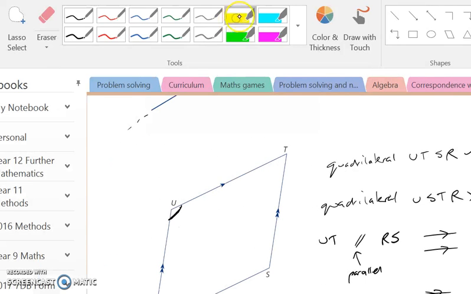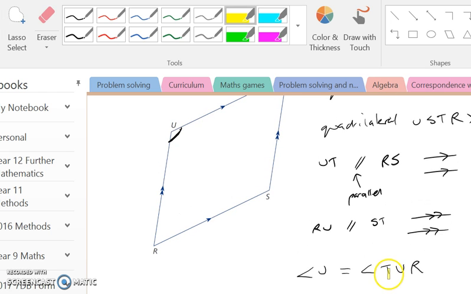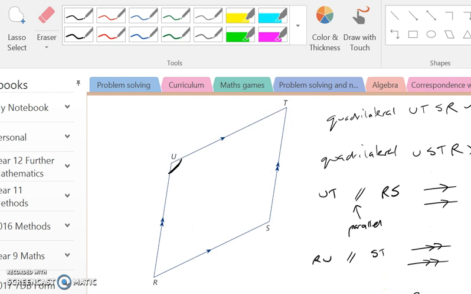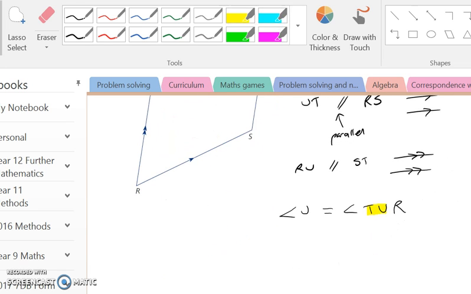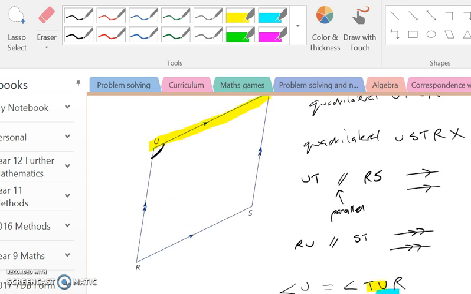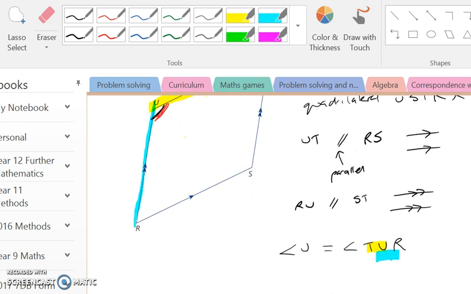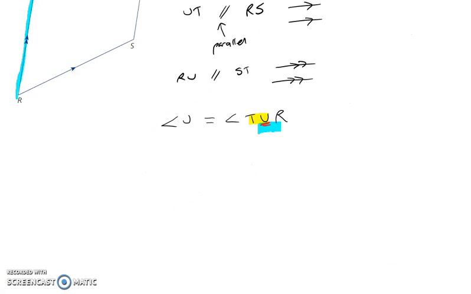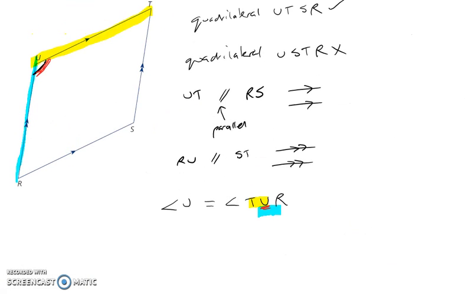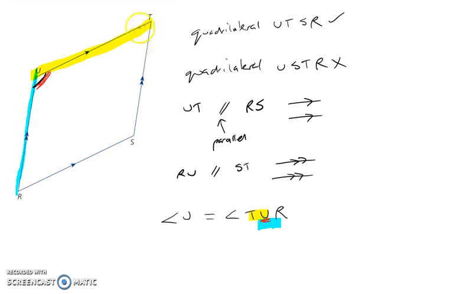What's happening is line TU and then line UR, they enclose the middle angle U. Can you see that? TU, UR, they enclose that middle angle U.